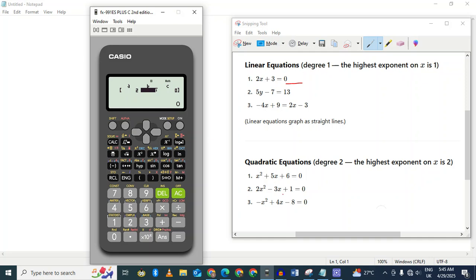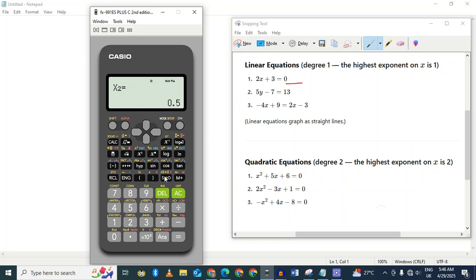The coefficient of x here is -3. Please take note of the minus, so we write -3. Then the last value here is 1. Once we have all our values entered, just click equal to. So the first value of x is 1, and the second one is 0.5, as the case may be.